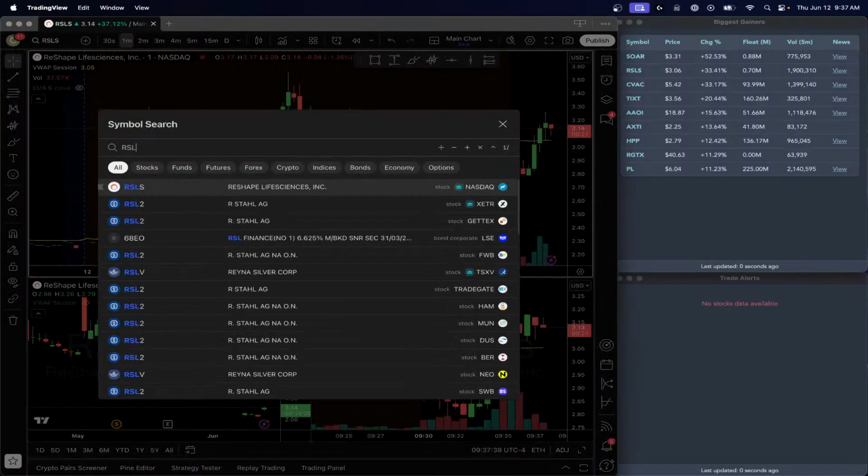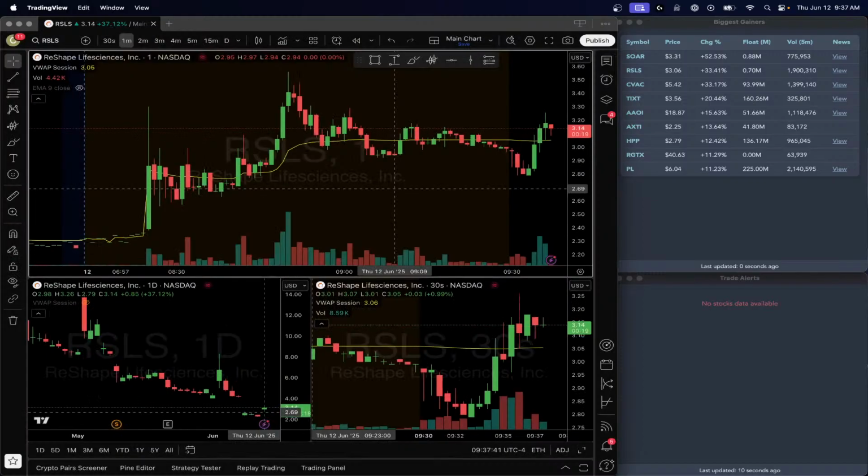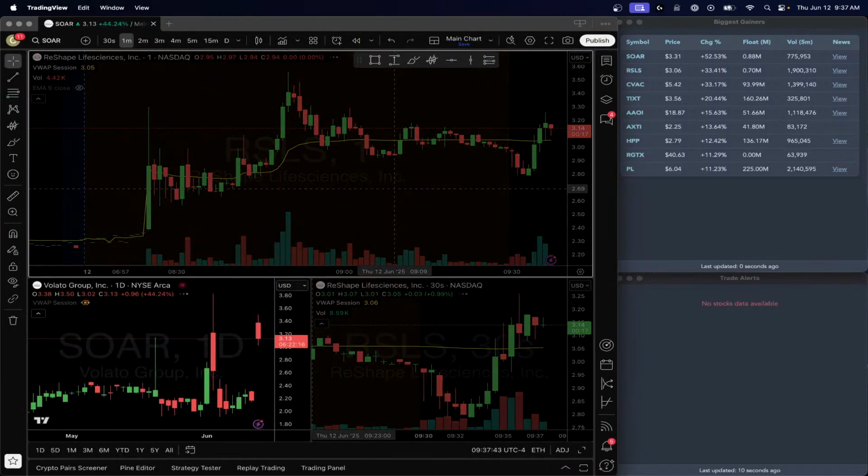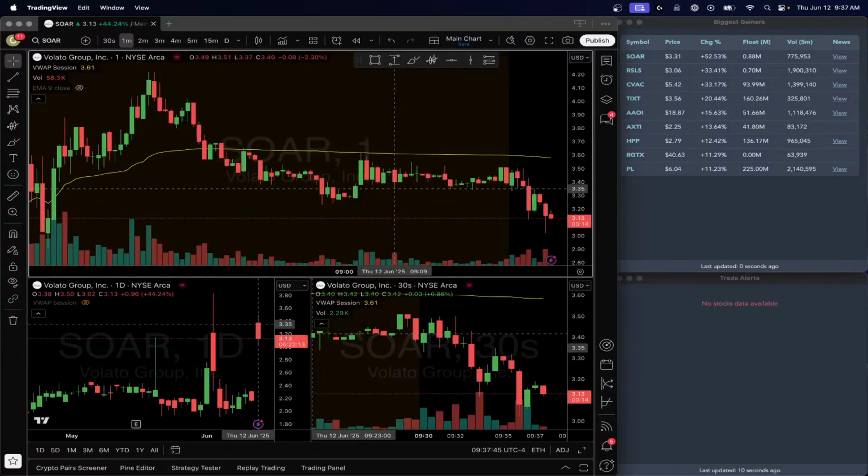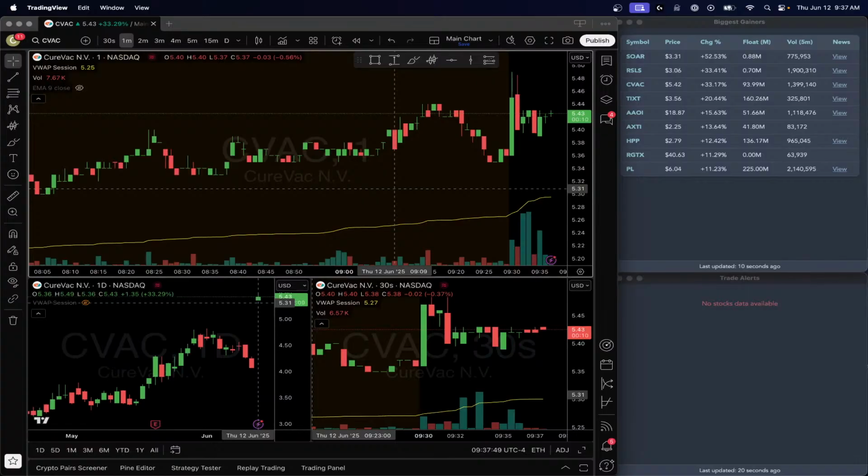So right now we got RSLS that's looking good. SOAR, we're not doing anything with that. CVAC, there's volume in there, but not much. We got RSLS that is looking good.